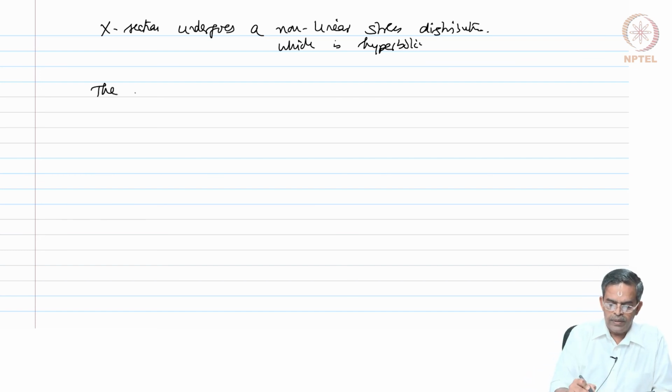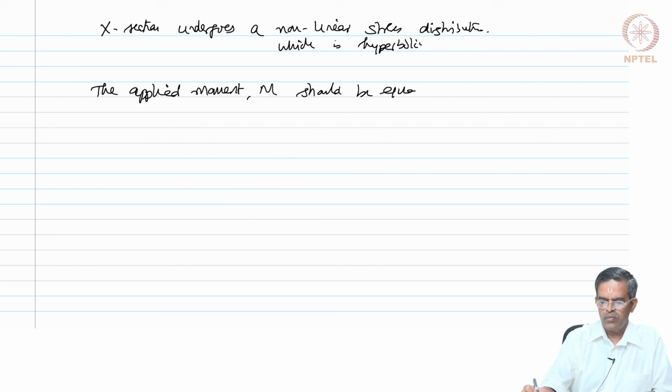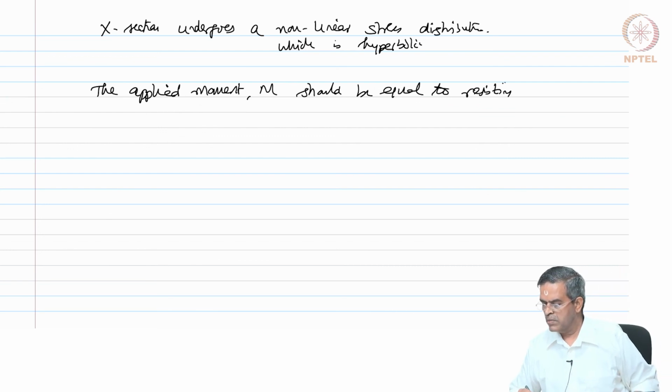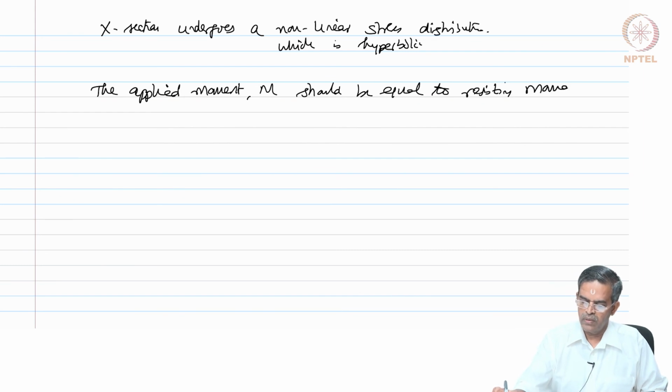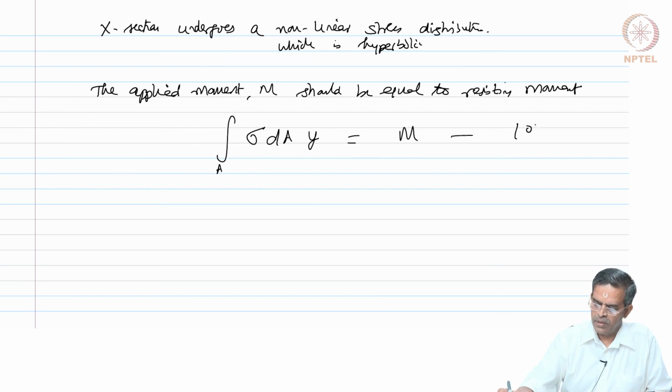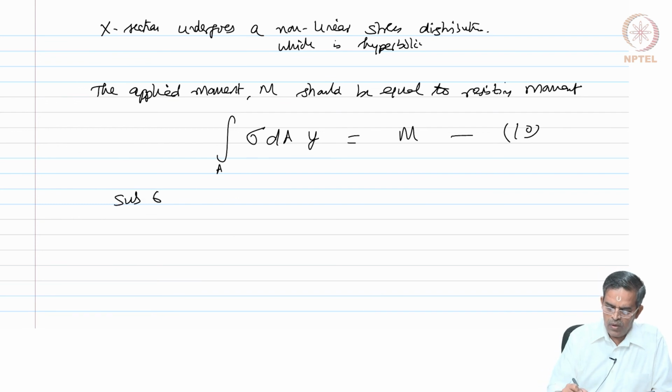Now, the applied moment M should be equal to the resisting moment, so we say integral over area A of sigma into y dA should be equal to M. We call this equation number 10. So, now let us substitute equation 4 in equation 10.